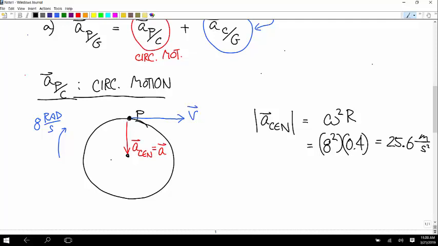And now we know the direction is in the negative y. So the total acceleration is 0, negative 25.6 meters per second squared. And that's also the total acceleration because there's no tangential. Stop me if you have any questions. Anybody have any questions yet?